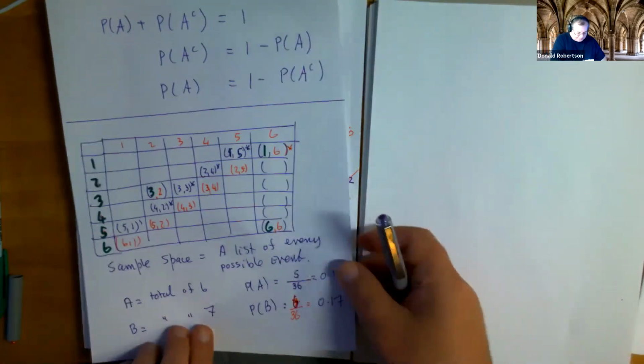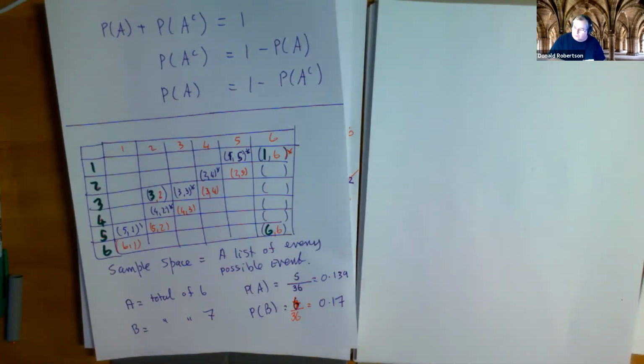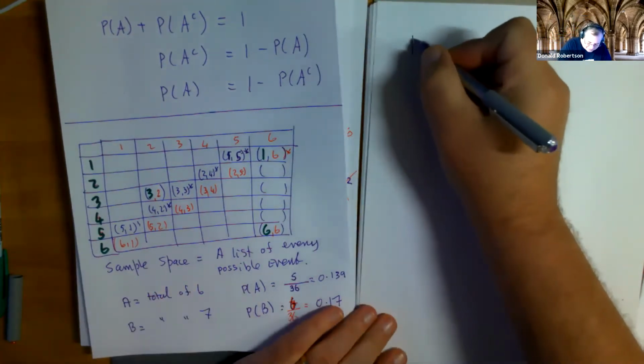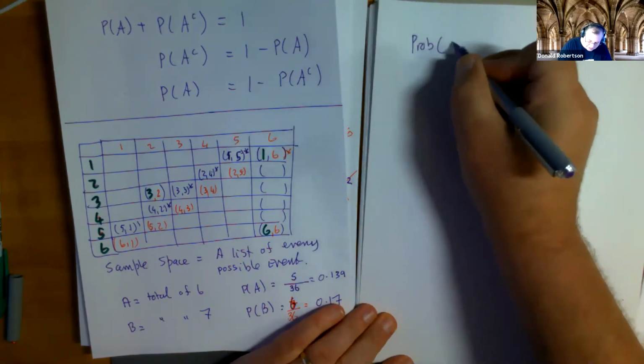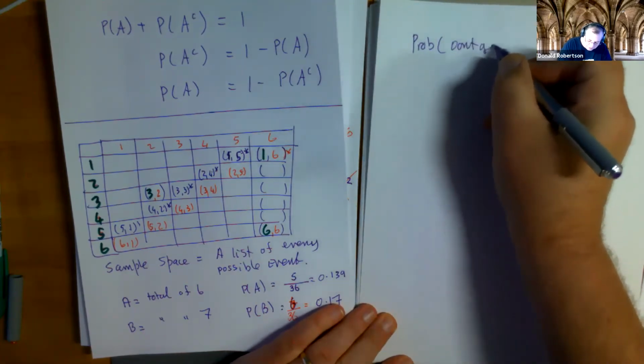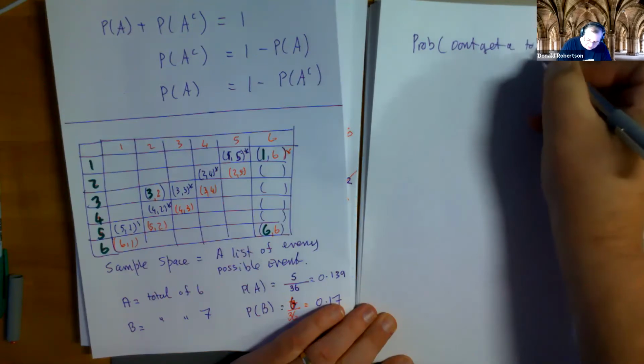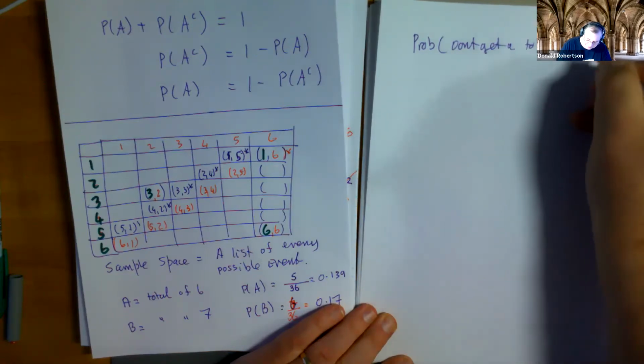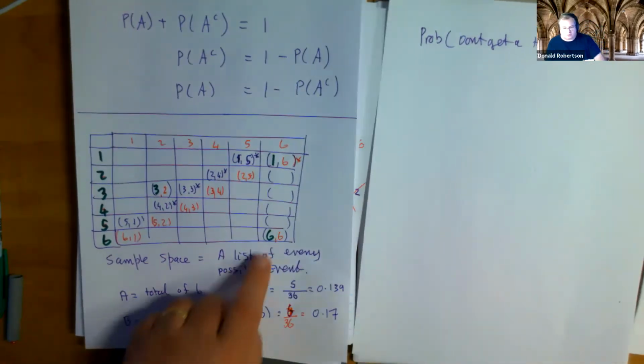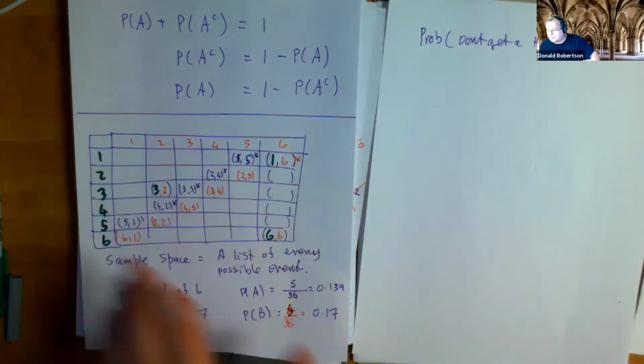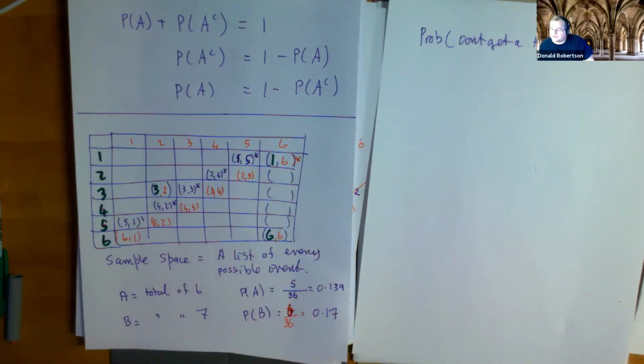Well, let's do complements. If I said to you, what's the probability that you don't get a total of 6? Well, couldn't I just go through this table and count all the different ways I didn't get a 6?